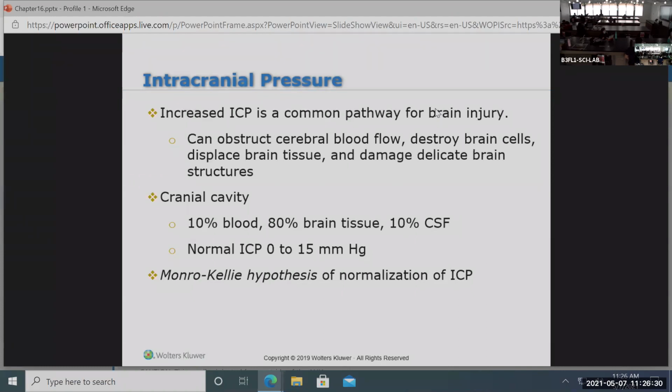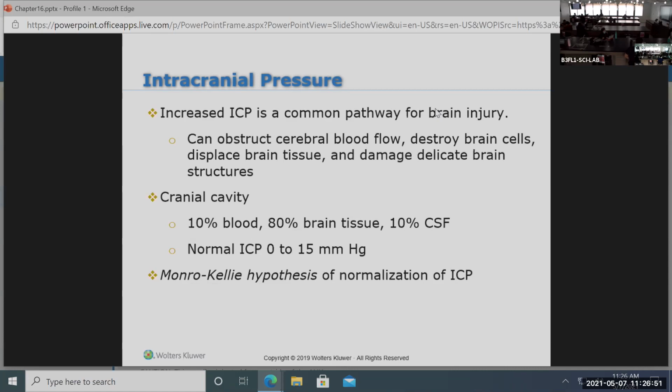And there is a phenomenon we call the Monro-Kellie hypothesis of normalization of intracranial pressure. If you look at it, brain tissue is 80%, blood is 10%, and CSF is 10%.